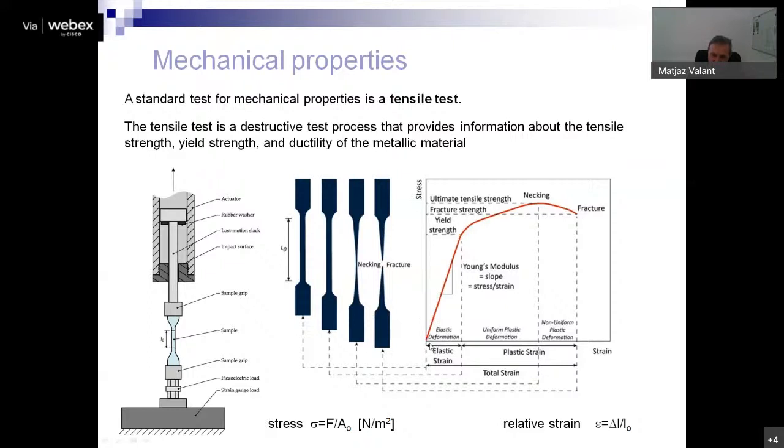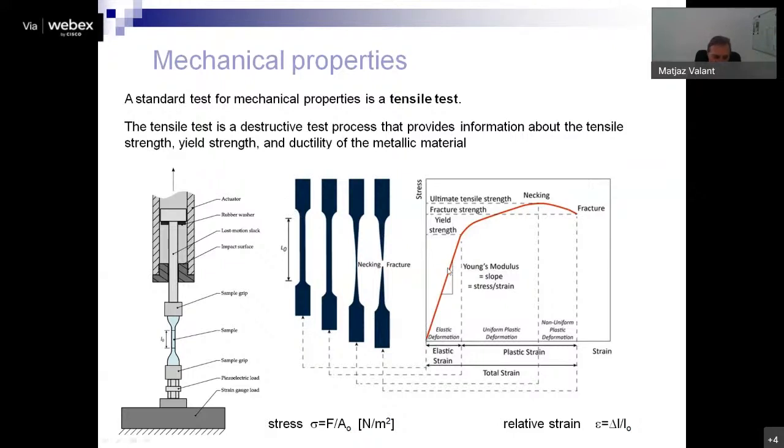We call this part of the deformation elastic deformation, because it is elastic in the sense that when we remove the stress, the dimensions of the sample go back to the original length.